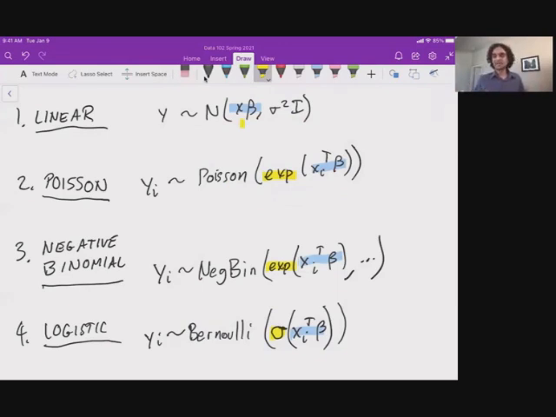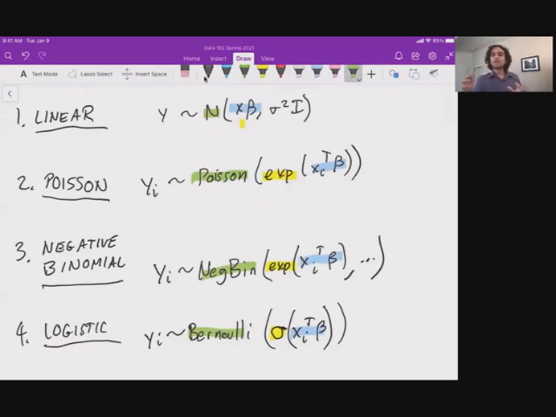The last thing that's again a pattern, but it's different for every one, is the distribution that we're assuming for the likelihood, right? In the first one, we assume a Gaussian likelihood. Second one, a Poisson. Third one, a negative binomial. And fourth one, a Bernoulli. So for each one of these, we have a different likelihood.